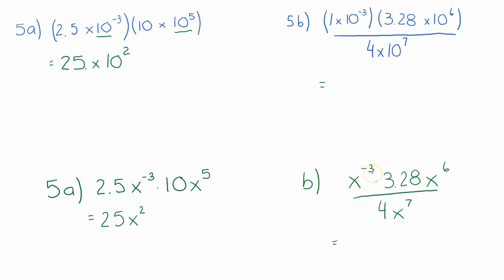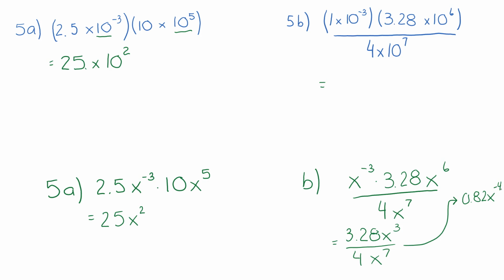So we get 3.28 x cubed over 4x to the 7. And 3.28 divided by 4 is 0.82. x, 3 minus 7 is minus 4.